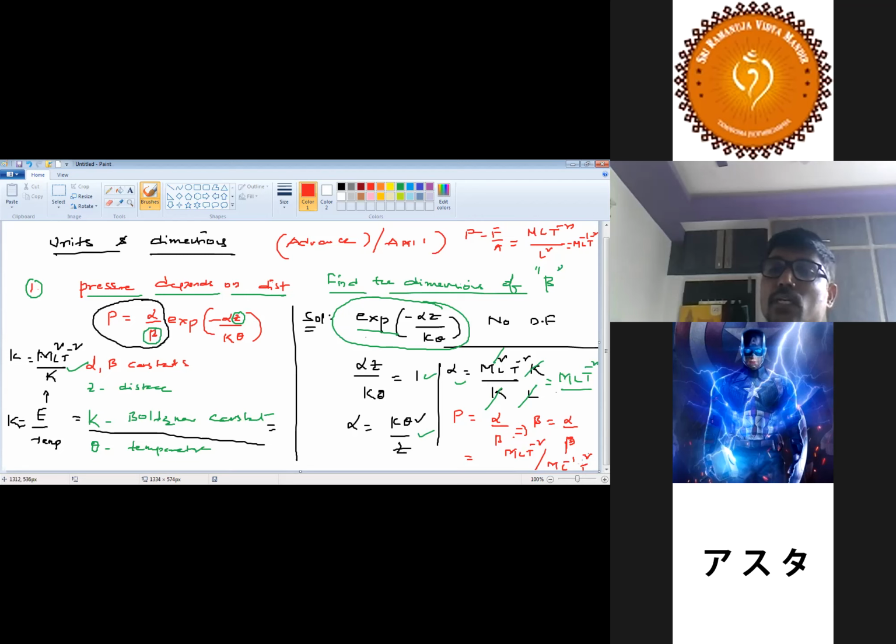So the T power minus 2 cancels, and M cancels. So the answer is L square. Who said that the answer is L square? The dimension formula for beta is M0 L square T0.